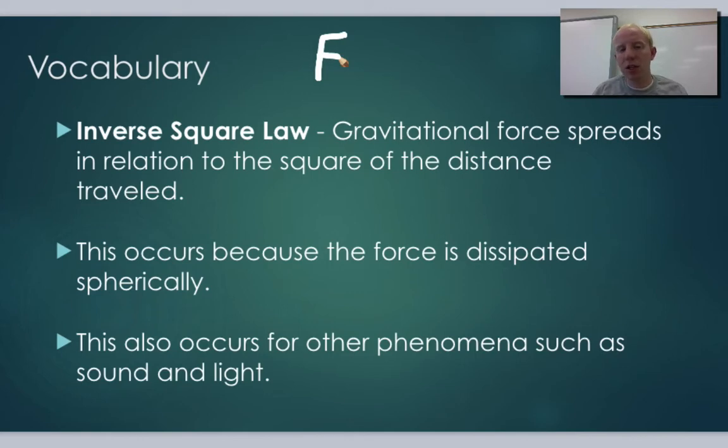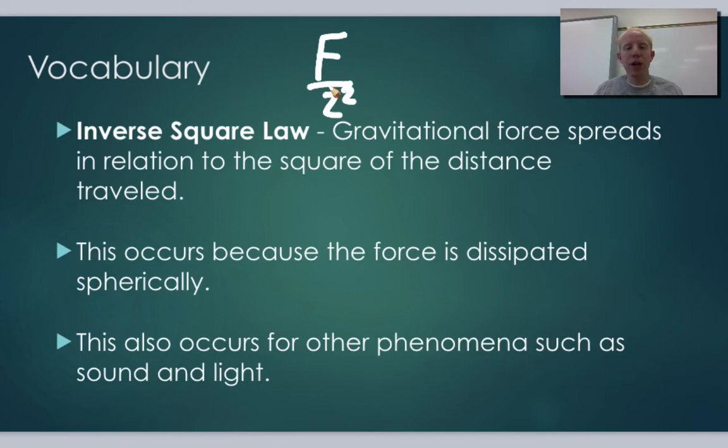In other words, you take whatever force, and if you increase that distance by 2, you take the square of that distance, and that tells you how much force you now have. So I don't have half as much, I have a fourth as much, because 2 squared is 4.